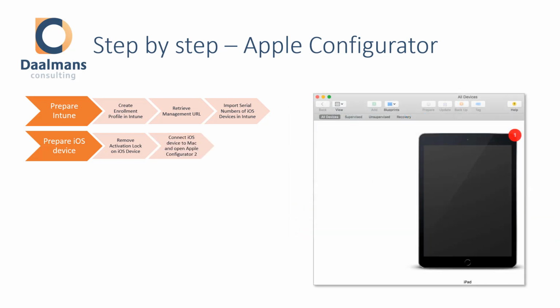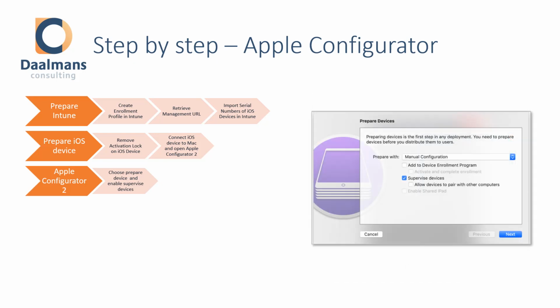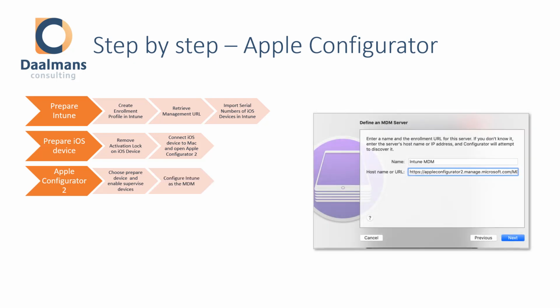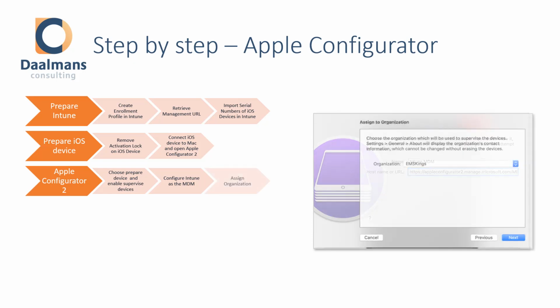We need to connect the iOS device to the Apple Configurator, and we need to choose Prepare. And then in the first option, we are allowed to enable supervised devices. We need to configure the URL we saved by exporting the management profile of the enrollment profile.